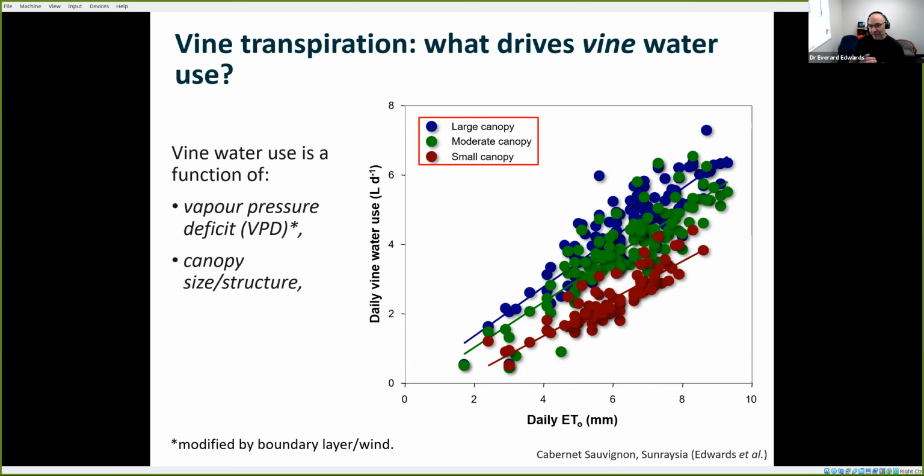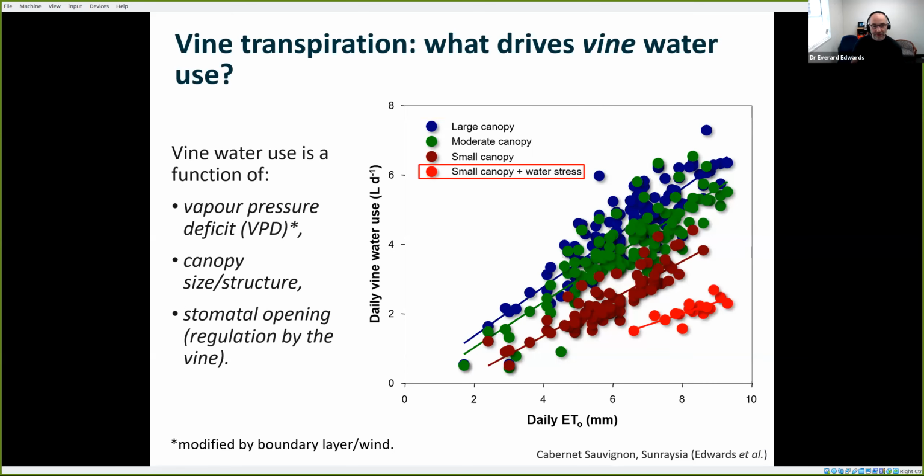And so if you compare the blue and the green dots on this figure here, the blue canopies are actually quite a lot larger than the ones on the green, but because they've got to be really quite a large canopy here, we don't get a sort of linear relationship between canopy size and the water use. On the other hand, where we've got a smaller canopy, that's obviously reduced the water use quite a lot.